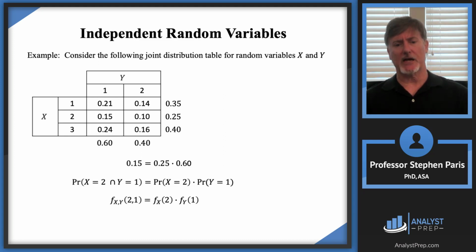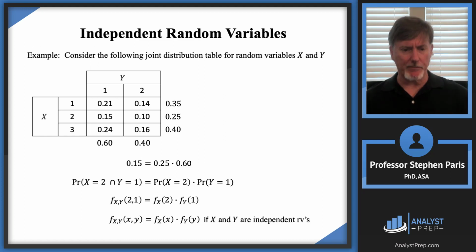And on the right-hand side of the next to last equation, where I have the probability that X equals 2 times the probability that Y equals 1, using density function notation, that's the marginal density of X evaluated at 2 times the marginal density of Y evaluated at 1. And so generally, if you have independent random variables, your joint density function is just going to be the product of the corresponding marginal density functions.